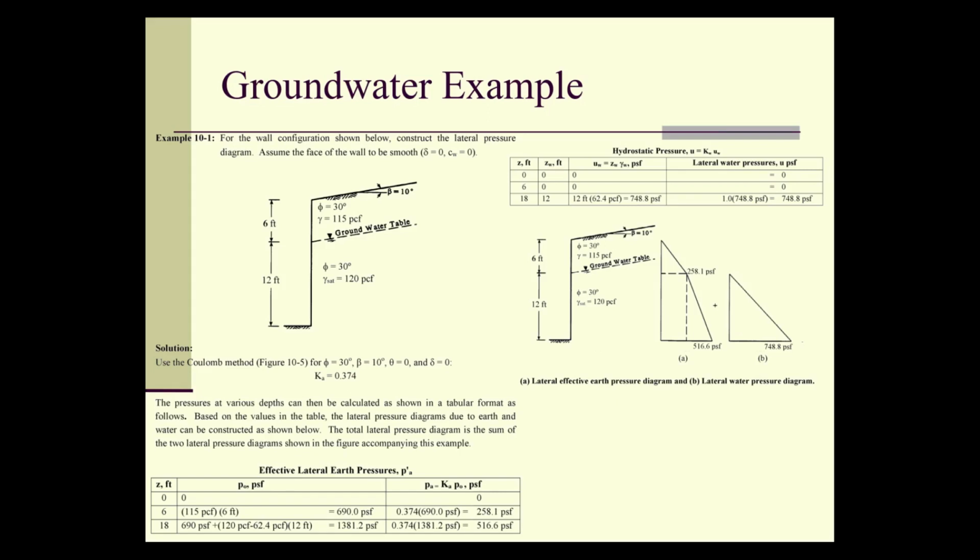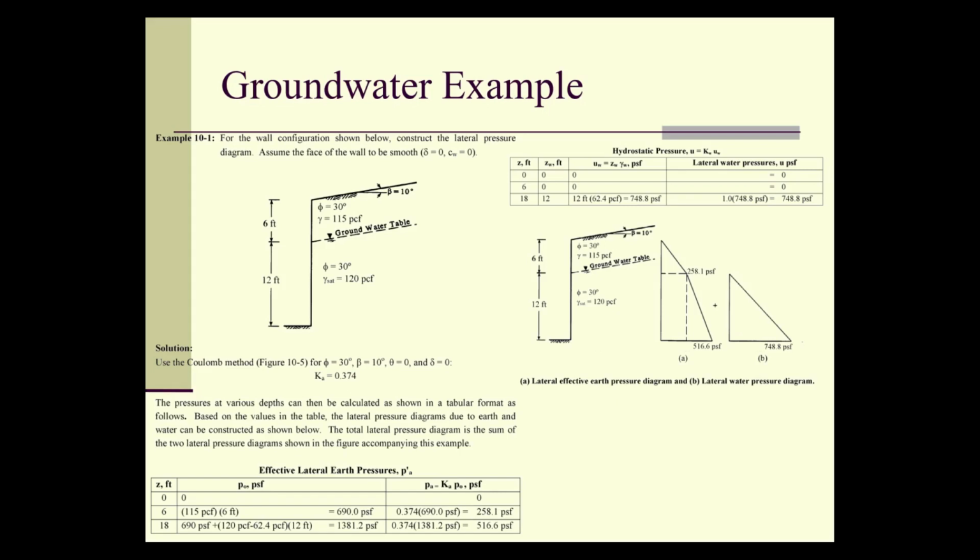So therefore, effective lateral earth pressures at point 0, all we're doing at this point is computing pressures. We're actually not computing resultants. Z is 0, at the surface it's 0. There's no surcharge. At 6 feet at the groundwater table, the pressure is simply equal to 115 times 6. That's the effective stress.